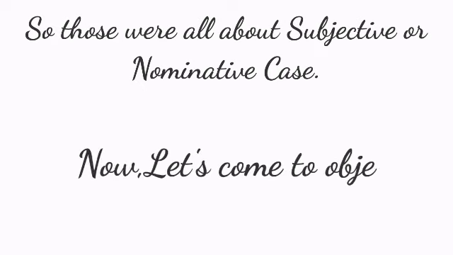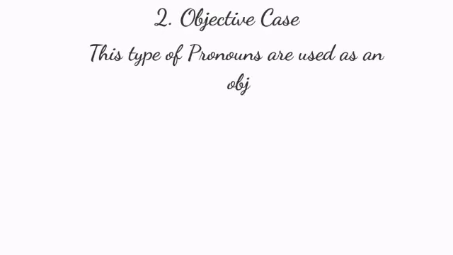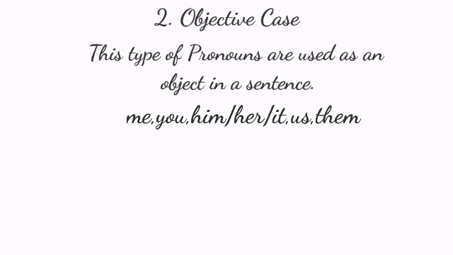So now let's come to the second case, which is objective case. These types of pronouns are used as an object in a sentence. And the list of pronouns which fall under this objective case are me, you, him, her, it, us, and them.